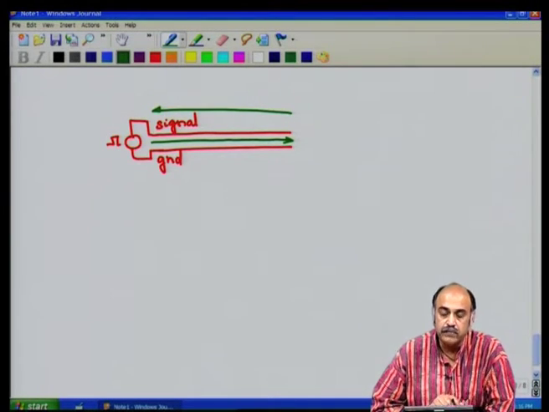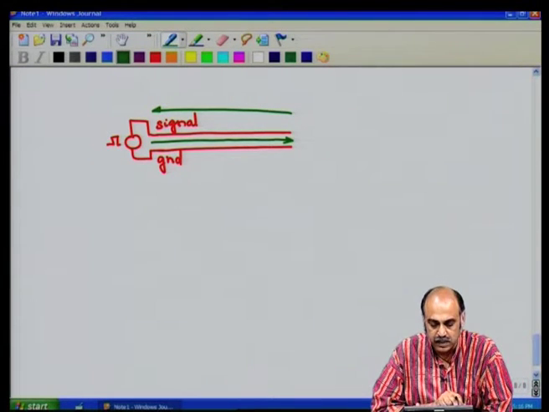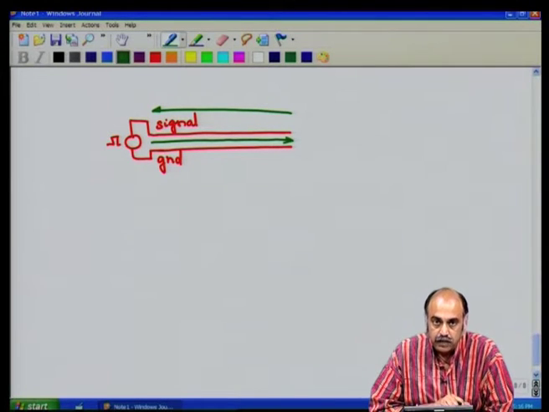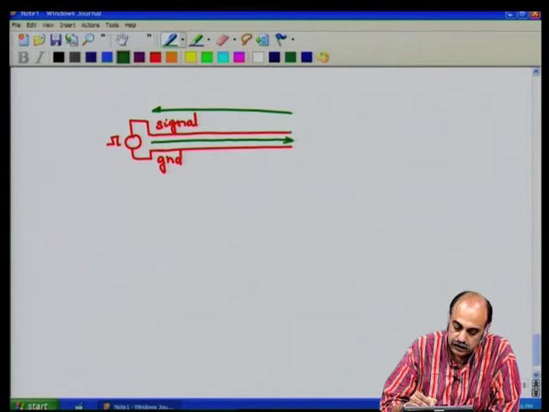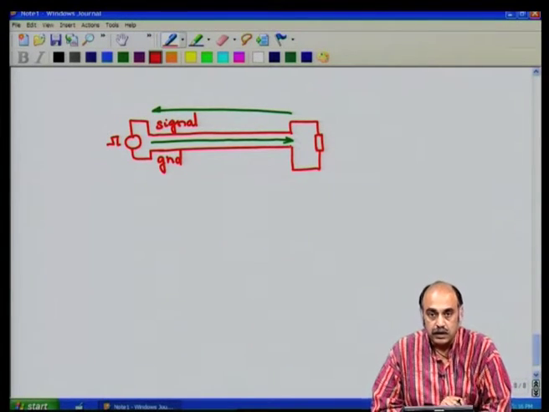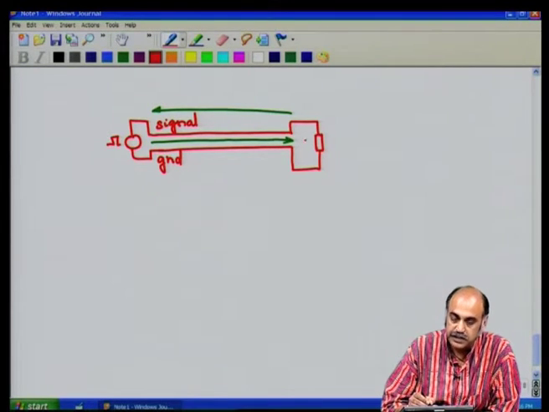Normally, in low frequency signals, the wave propagation is so fast compared to the rise time of the signal that we do not consider these effects. But when the wave propagation is of the order of magnitude corresponding to the rise time of the signal, then you will have reflection effects.